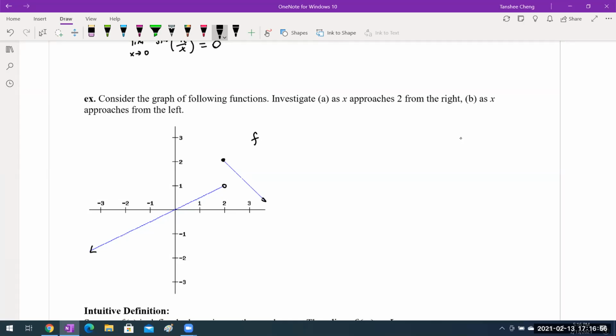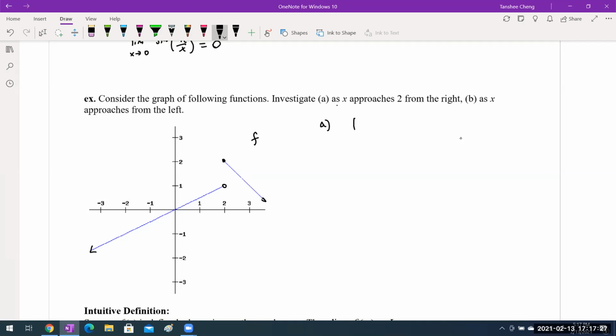From this piecewise defined function, f is defined at 2 right here. Or if I put an open circle, f is not defined at 2. Since I started this way, f is defined at 2. However, what we want to do is investigate part A, as x approaches 2 from the right-hand side.